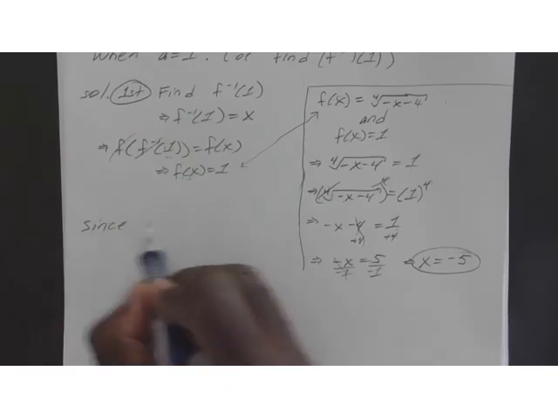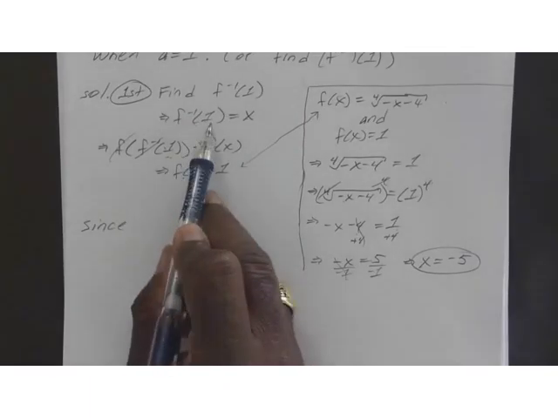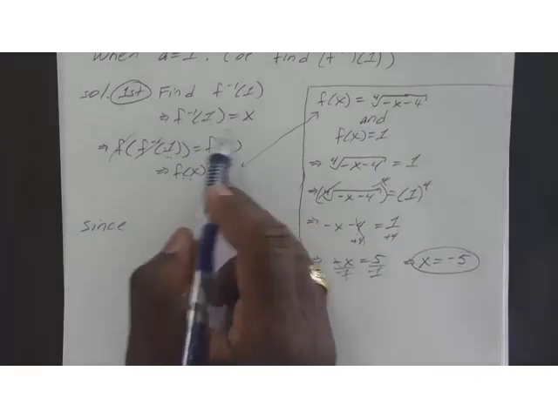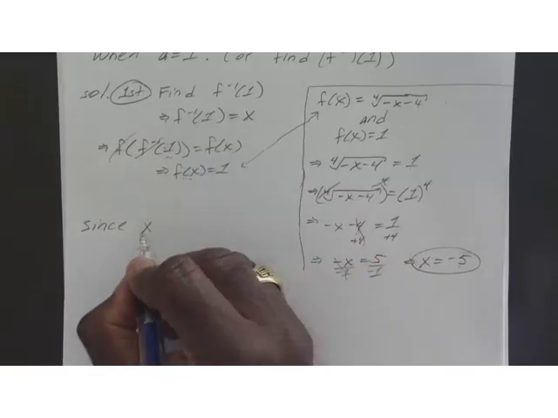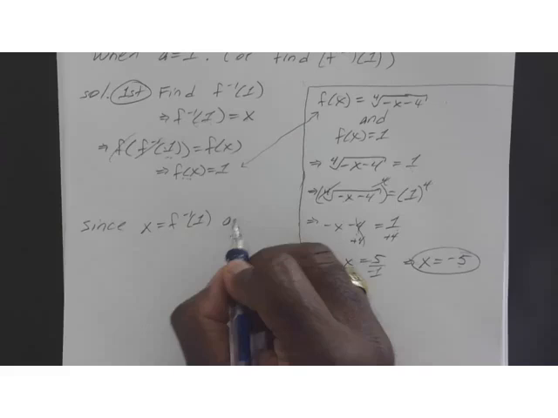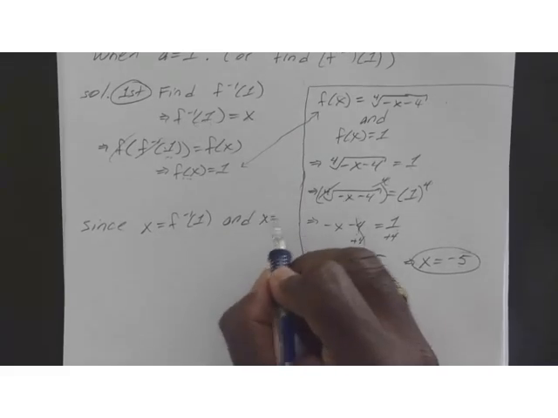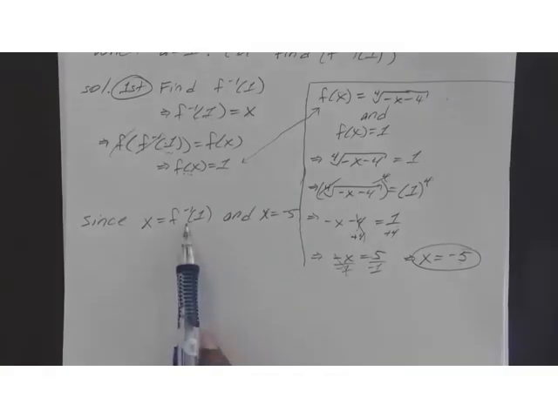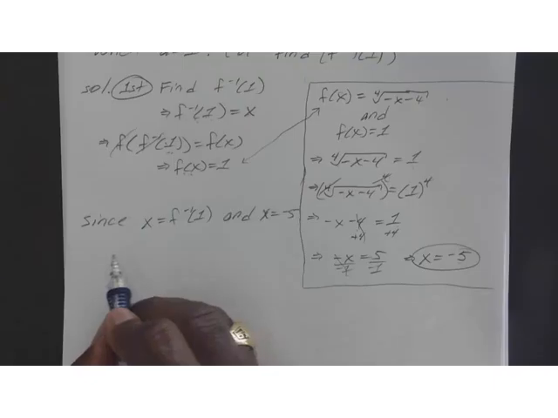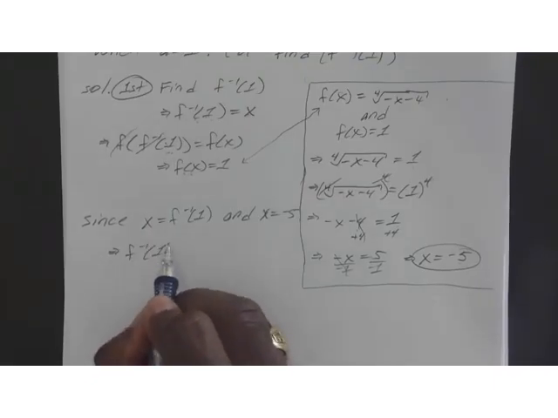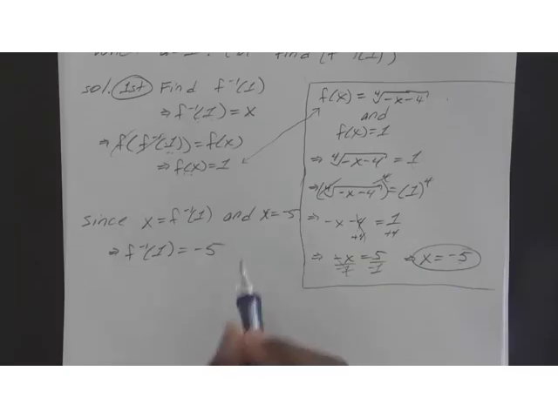So we know that since f inverse of 1 is equal to x, and x is equal to -5, and you can flip those around if you want to, x equals f inverse of 1, and x is equal to -5, you can just set those equal to each other. We know that f inverse of 1 is equal to -5.